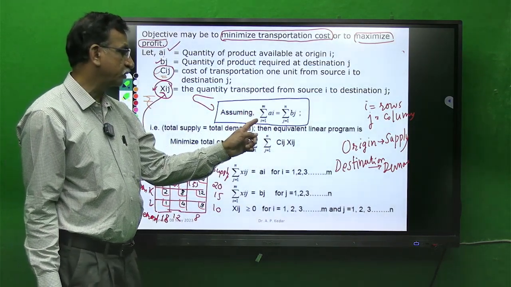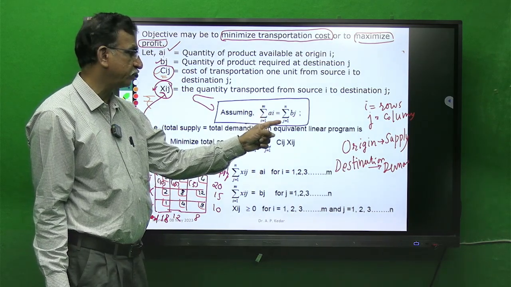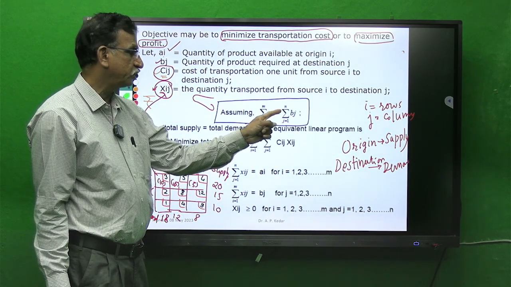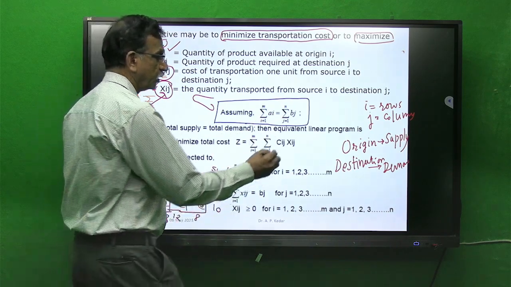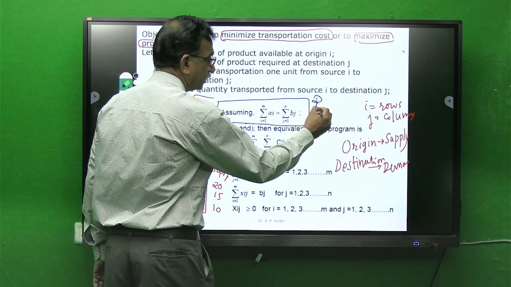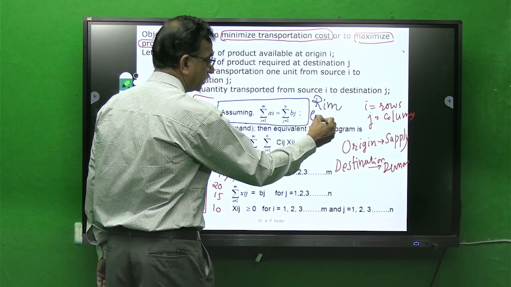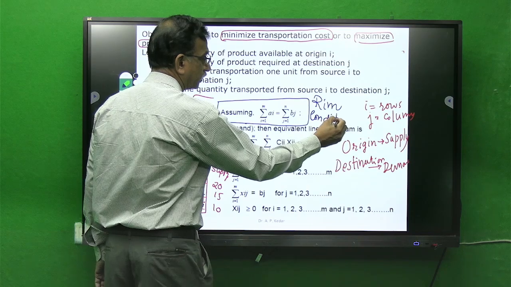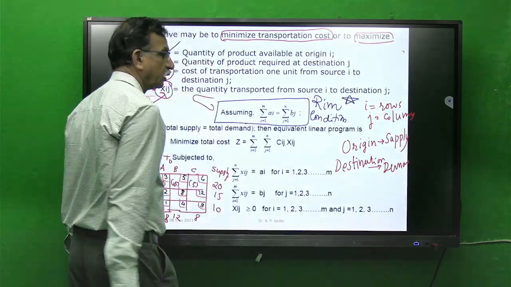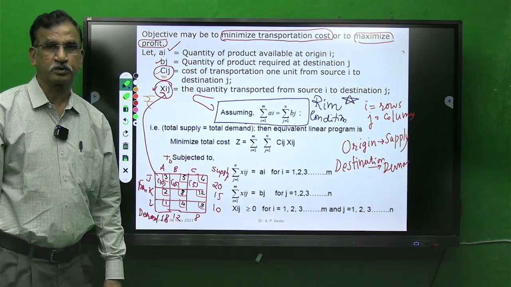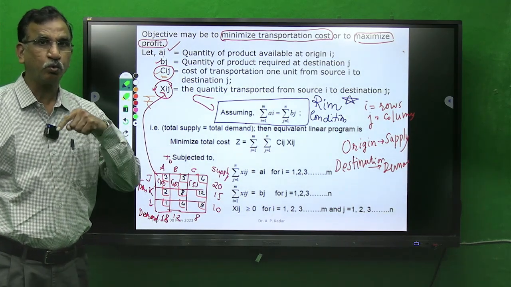Assuming summation i ranging from 1 to m, ai is equal to summation j ranging from 1 to n, bj. This is called the very important Riemann condition for transportation problem.